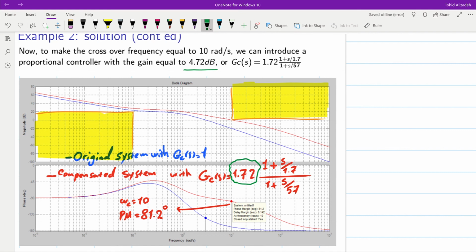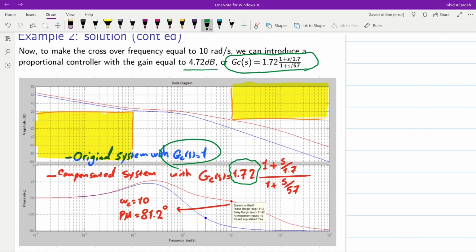And therefore, the whole controller that we end up with, the lead compensator, will be equal to 1.72 times 1 plus s over 1.7 over 1 plus s over 57. And here you can see in blue we have the GC of s equal to 1, and in red we have the final controller.